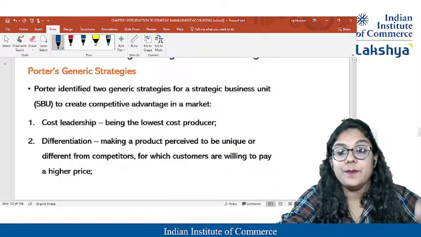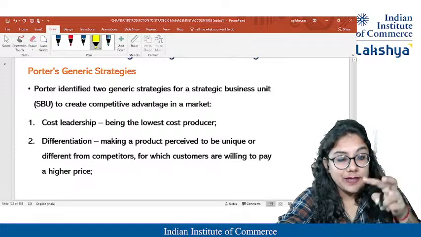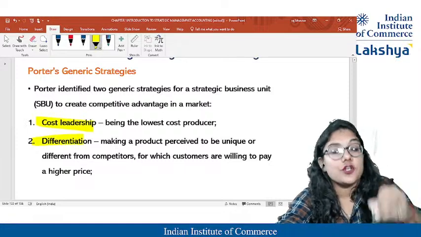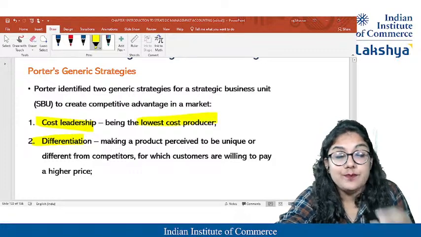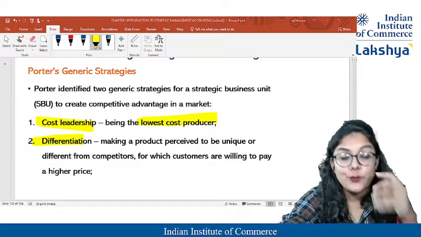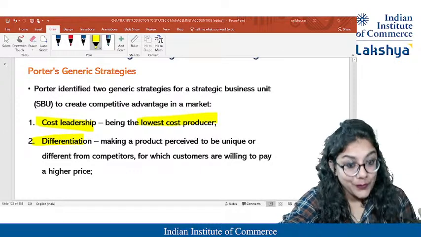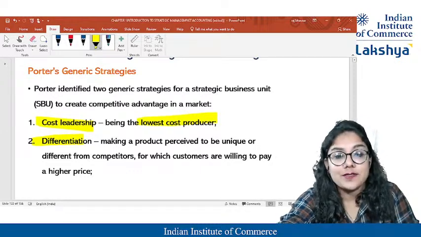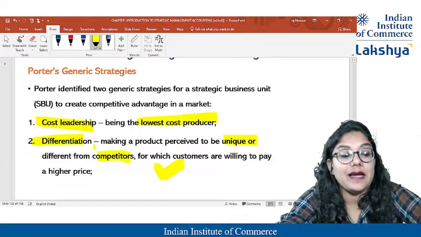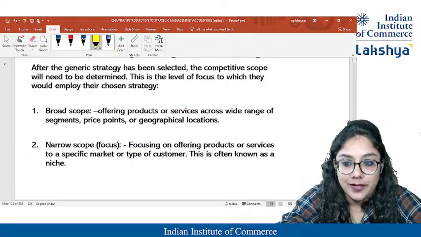So Porter's strategy is to analyze whether you have to be a cost leader, the lowest cost producer, so your selling price will be very low and you will be at the number one position, or make your products so unique from your competitors that people will be willing to pay the premium prices for your products.